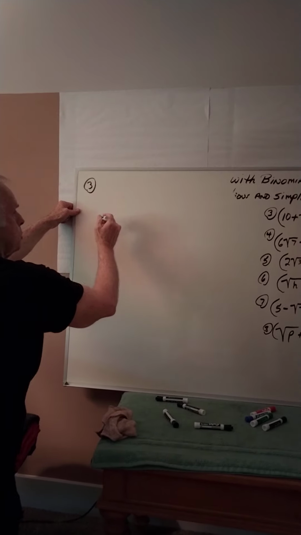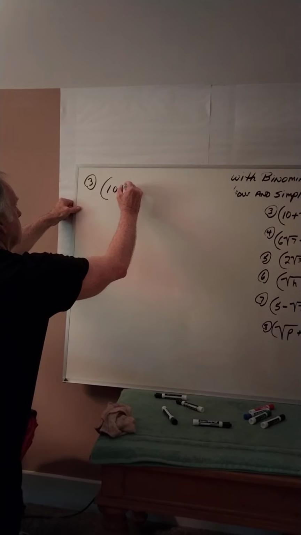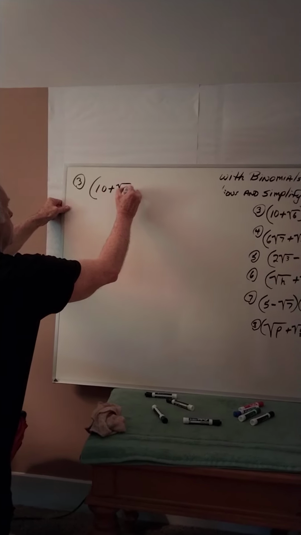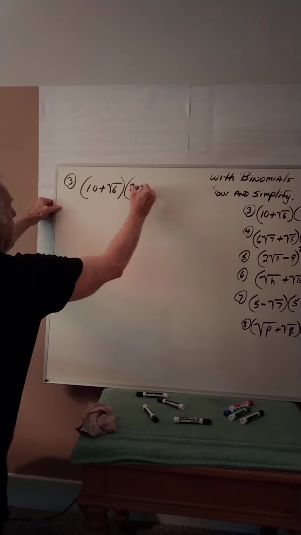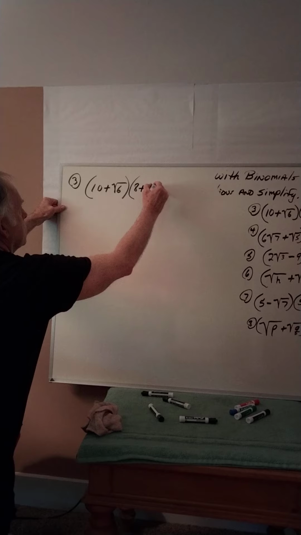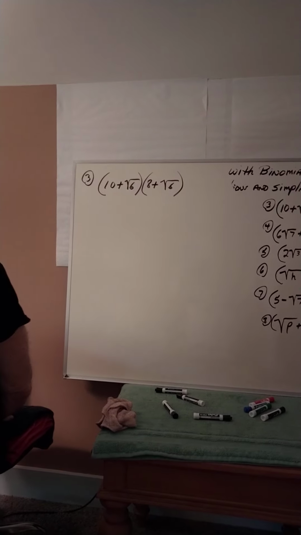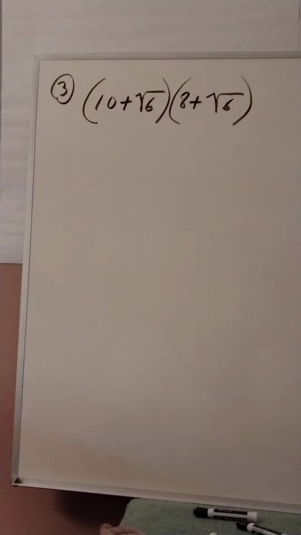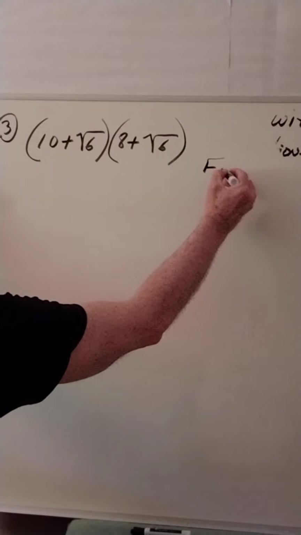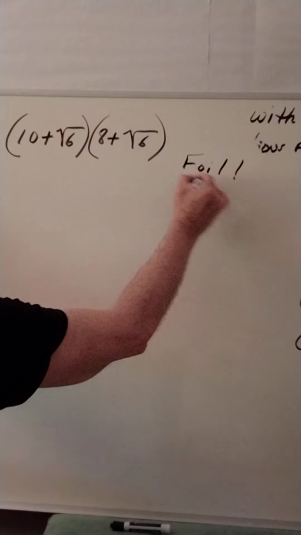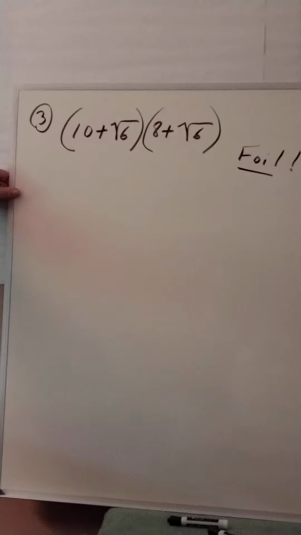And it'll be obvious when you see it. 10 plus root 6 multiplied by 8 plus root 6. We're multiplying 2 binomials. You've already probably said that word. So let's FOIL.